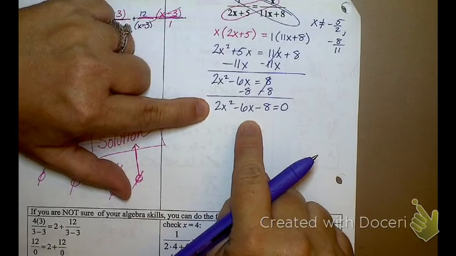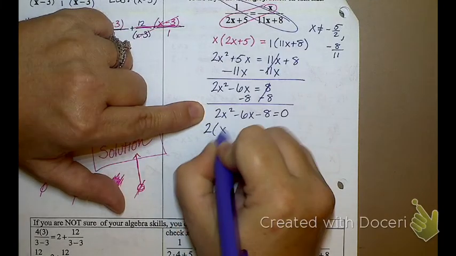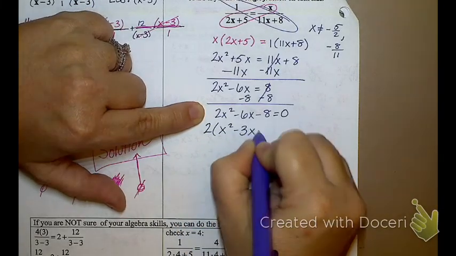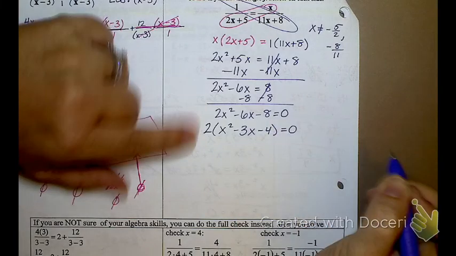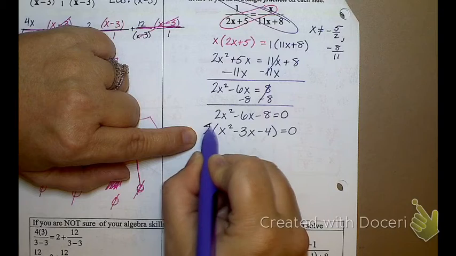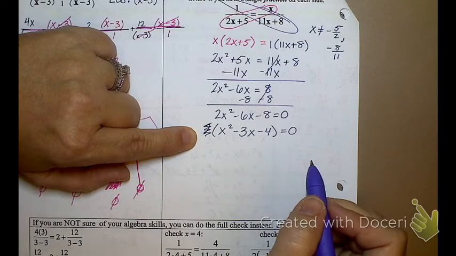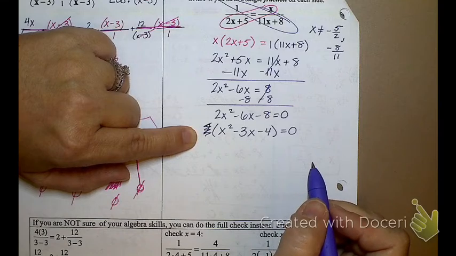All right, what can I do here? Factor. Take out a 2. Is there going to be an answer here with the 2? No. So technically I can just drop it off. In other words, what I should have done instead of factoring out the 2 is divided by 2, because that's how it would go away.